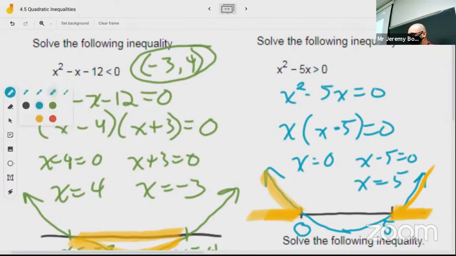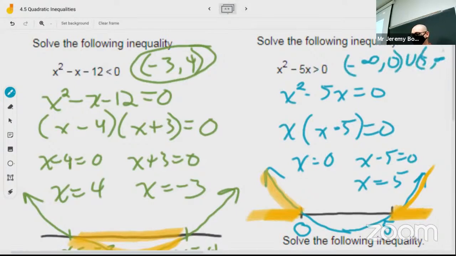So, what's my solution going to be for this one? Anybody got one? Negative infinity to 0 and 5 to infinity. And what are we going to put on those? Parentheses. Equal to. And don't forget the union in between.